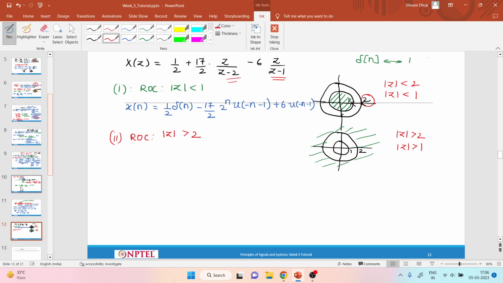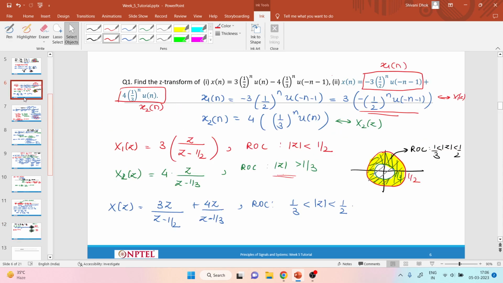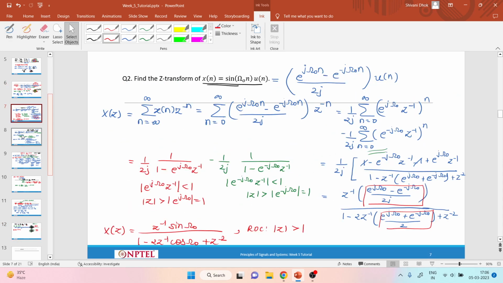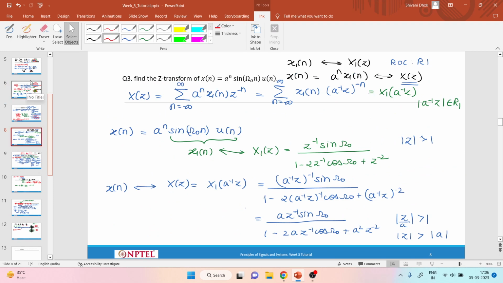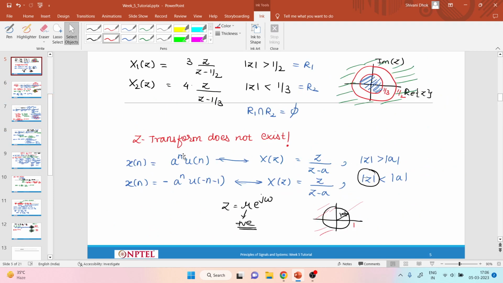That is, if we look at these standard forms, it corresponds to the first standard form, that is a power n u of n, which has the z transform z upon z minus a, magnitude of z greater than a.